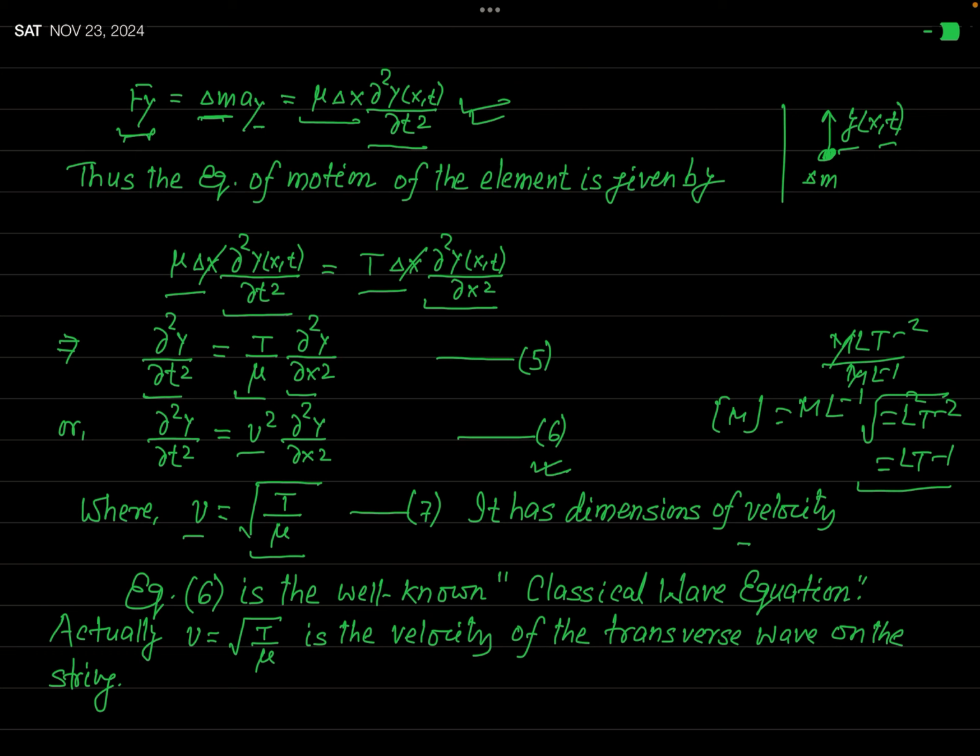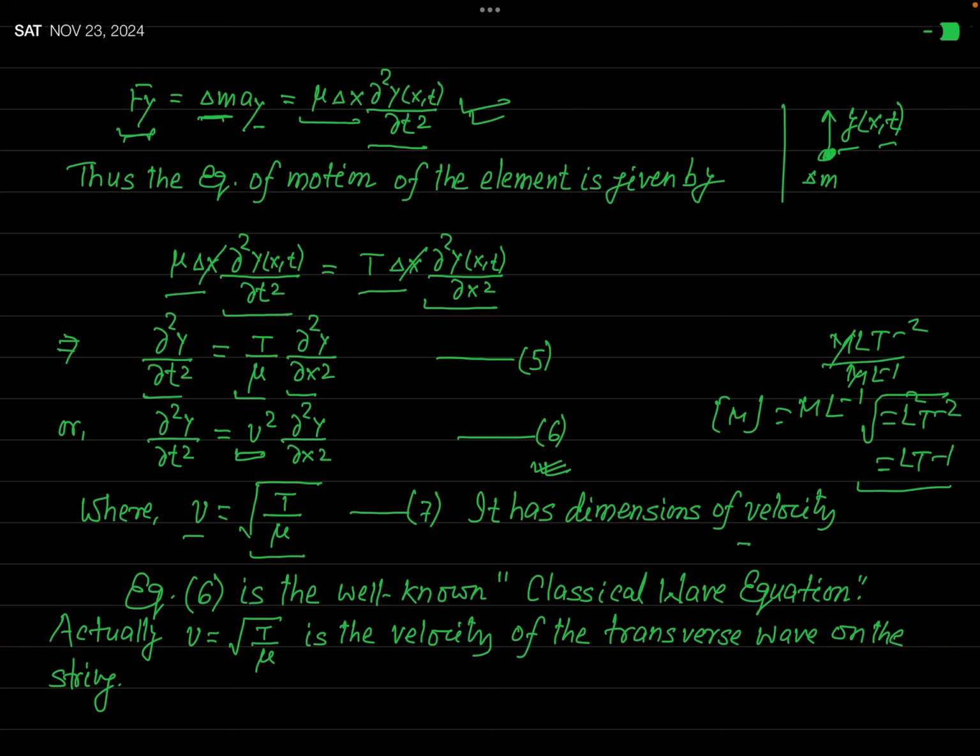When this equation represents a classical wave, then this v represents the phase velocity or the wave velocity. But here we are not dealing with the problem of waves. After this chapter, we will start dealing with the problem of waves. So here I will not say that this v is the velocity of the wave.